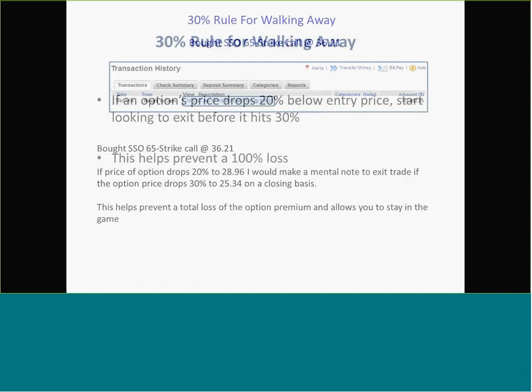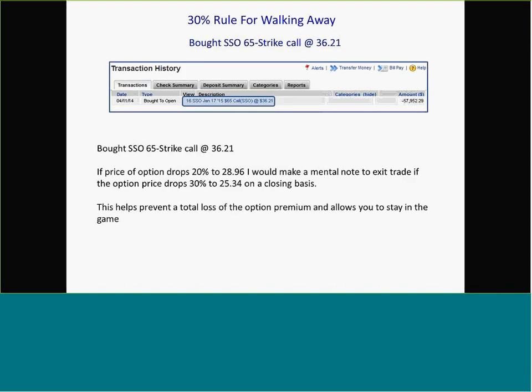So here's an example. Bought the SSO S&P 500 Index ETF. I bought the January 65 calls at 36.21. So if the price of this option that I bought at 36 gets down to around 29, which is a 20% loss, then I want to start monitoring this position.